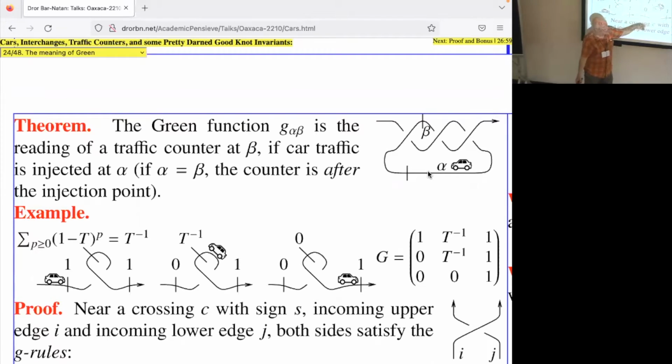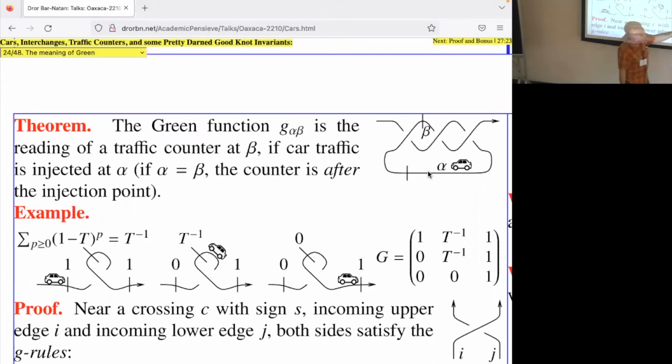Now, if I inject the cars here, the counter here will measure 0. The counter here is exactly as before. It doesn't matter if the car was entering here or here, so the counter here will measure t inverse. And likewise here, it's as before, it measures 1.